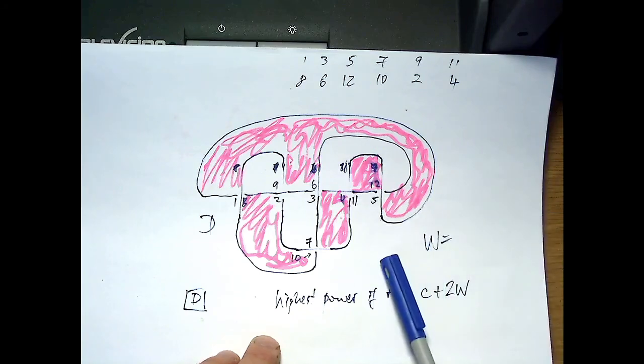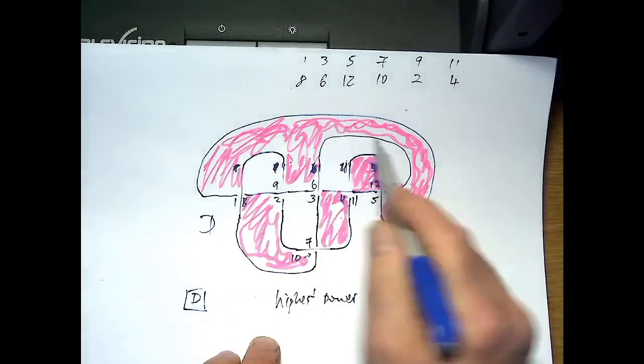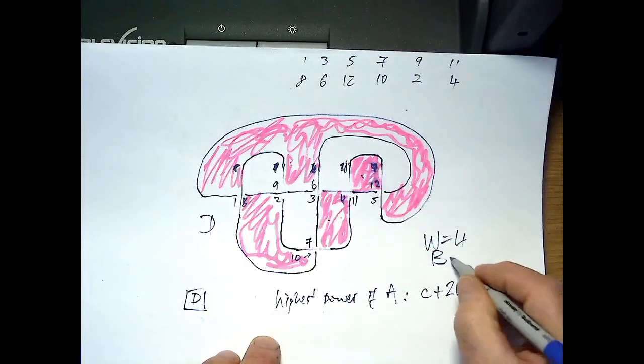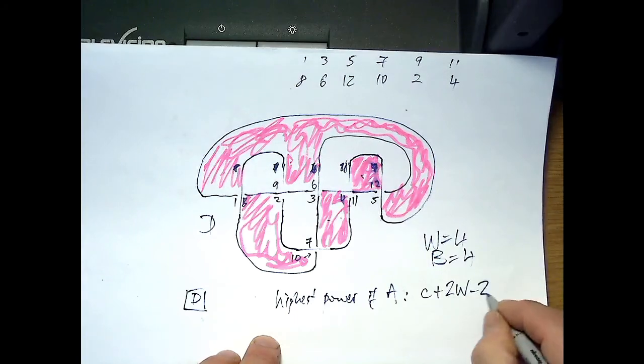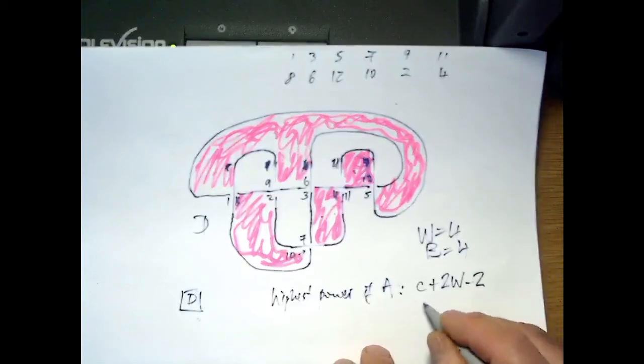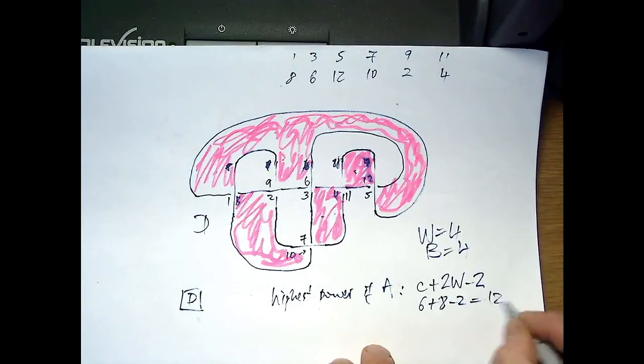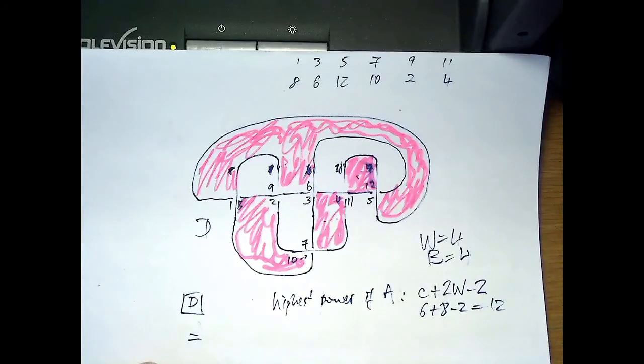There's the outside, 1, 2, 3, there's 4. How many black regions, or pink regions, are there? There are 1, 2, 3, 4 again. So the highest power of A is, in this case, 6 plus 8 minus 2, that's 12. So this will actually start A to the 12.